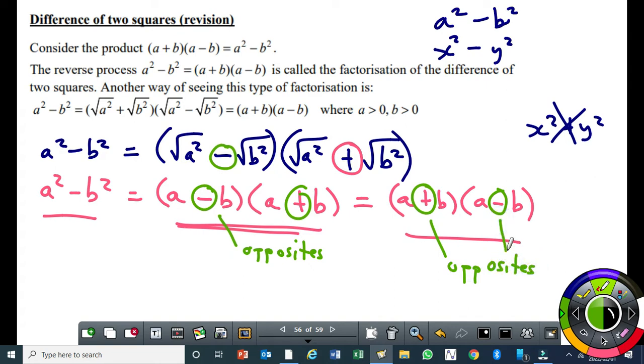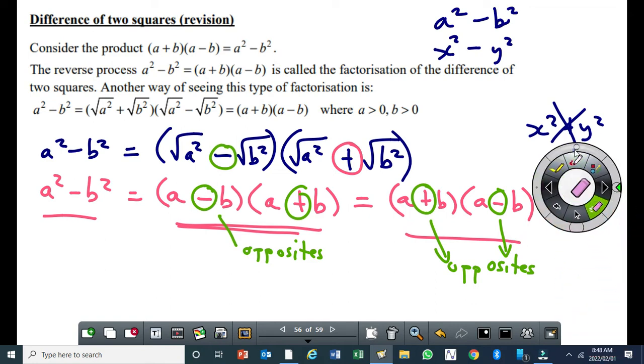So make sure you are aware of that. It's not very difficult. In actual fact, factorizing by difference of 2 squares is one of the easiest techniques of factorization.